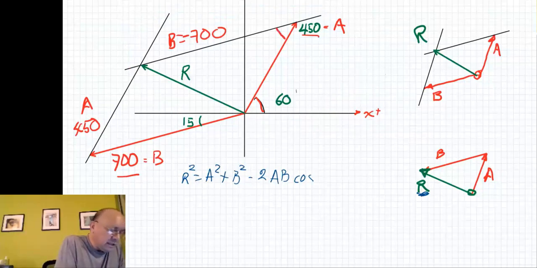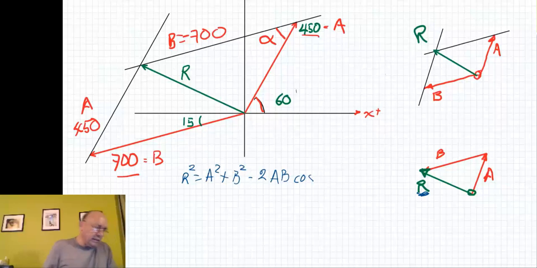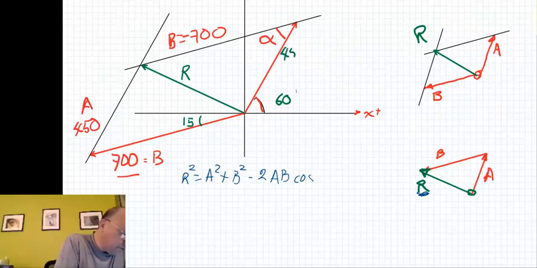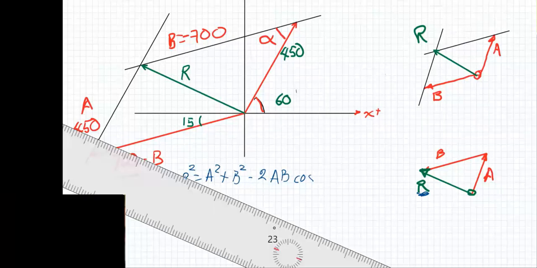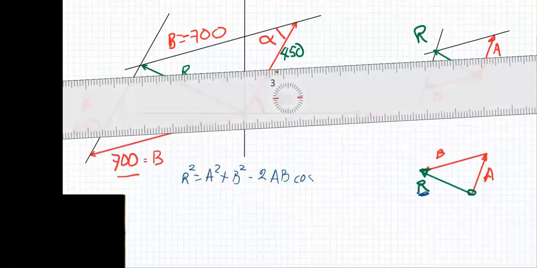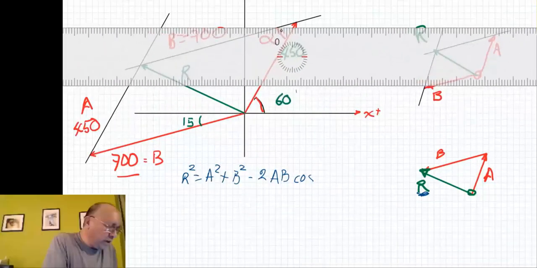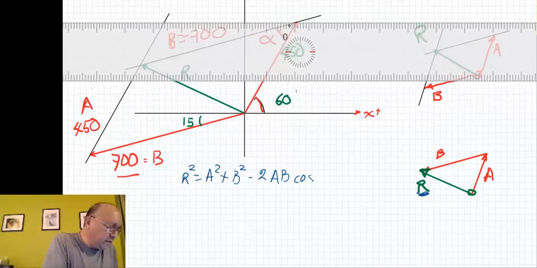Somebody can tell me what is this angle here? Let's call it alpha. Somebody can tell me what is that angle alpha? 145? Okay, I'm gonna put here 450. What is that angle? There are many ways to find that information, right?